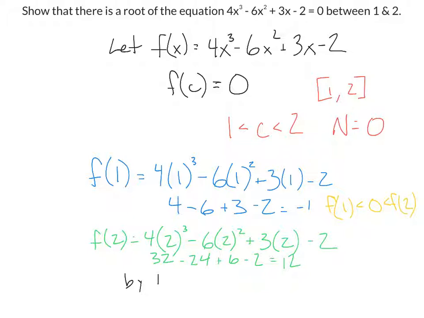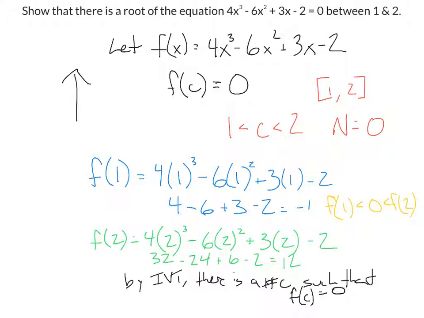So by the intermediate value theorem, there is a number c such that f of c equals 0.